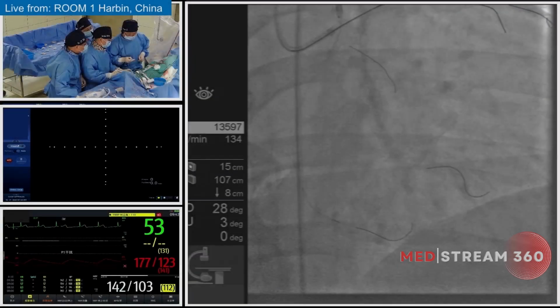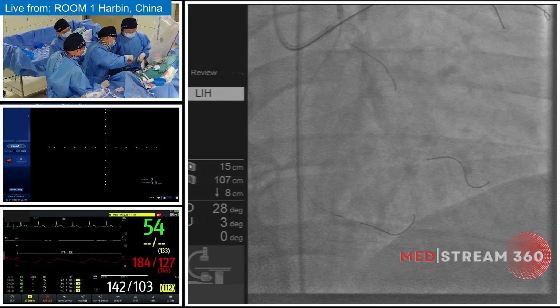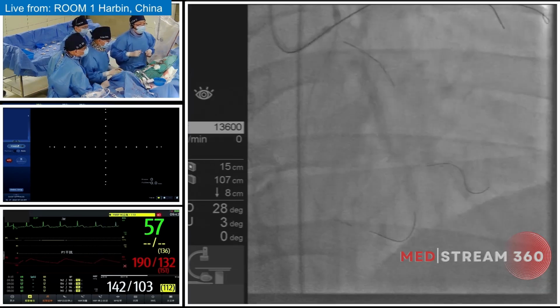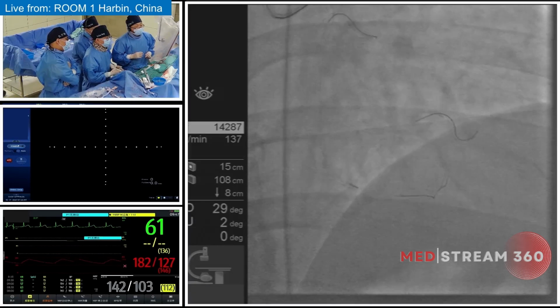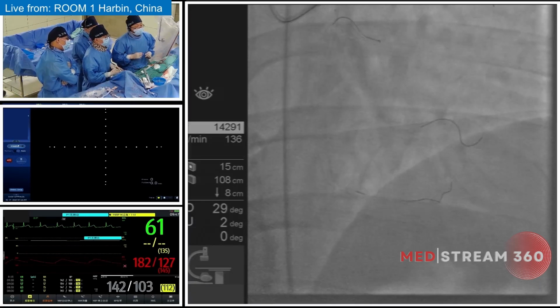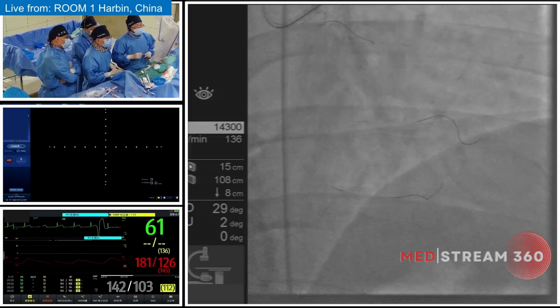The far end of the RCA is relatively long, but it doesn't seem to be connected with the septal collateral channel. Just to try the surfing, because from the bilateral angiography there is no very clear CC level 3 or above collateral channel.